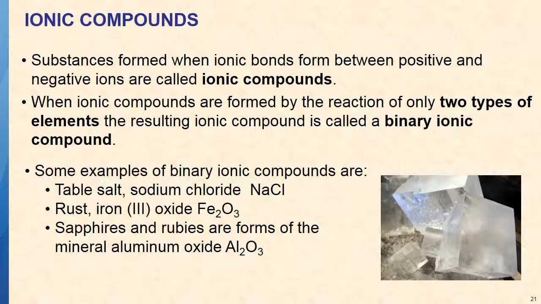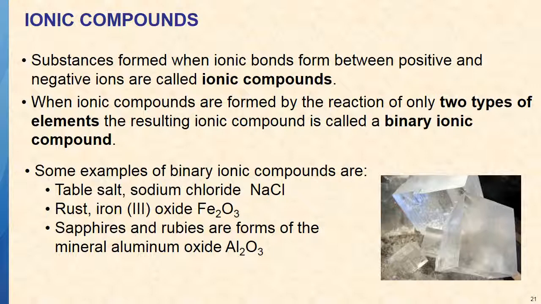Okay, so now once we have ions, we create ionic compounds, and ionic compounds are substances formed when ionic bonds form between positive ions and negative ions. Again, it's a metal that forms the cation and a nonmetal that forms the anion. If we make an ionic compound that has only 2 kinds of elements, we call this a binary ionic compound.